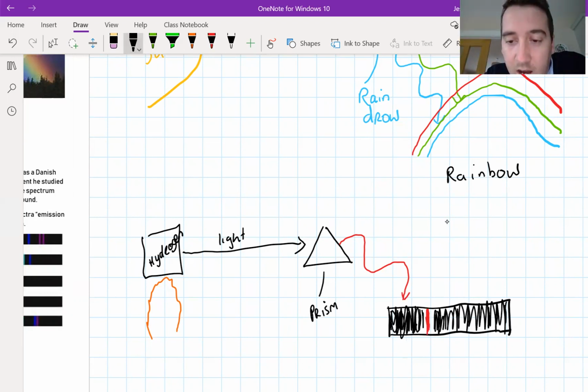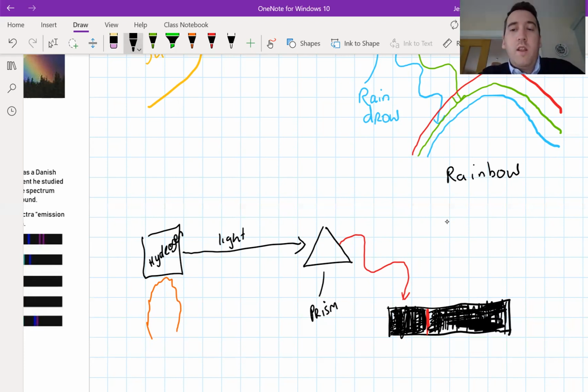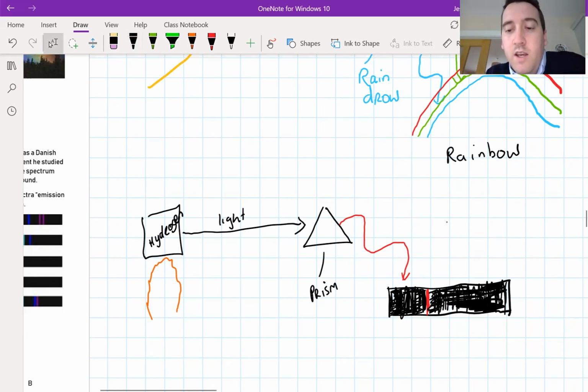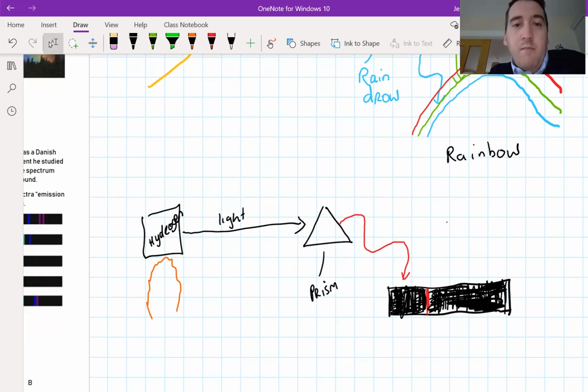And if it's dark, that means there's no light at all there. So darkness means an absence of light. This was a black background with bands of color in specific places. So this is a different type of spectrum. This is not a continuous spectrum because it has gaps.